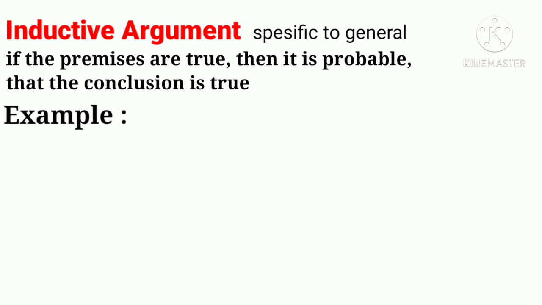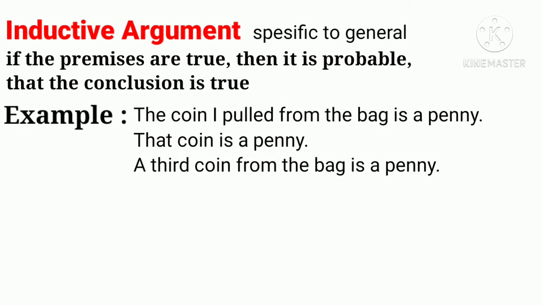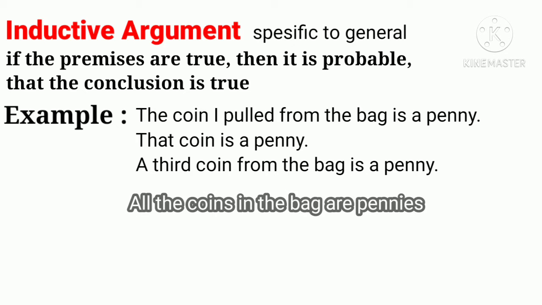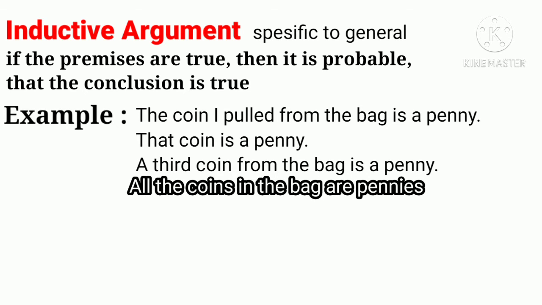An example of inductive logic is: the coin I pulled from the bag is a penny, that coin is a penny, a third coin from the bag is a penny, therefore all the coins in the bag are pennies. Even if all of the premises are true in a statement, inductive reasoning allows for the conclusion to be false.